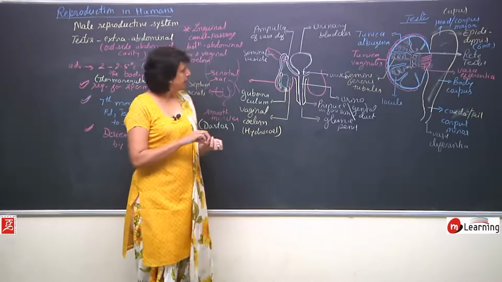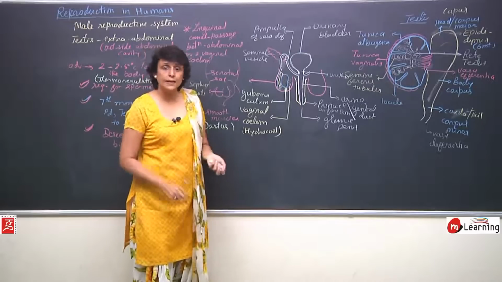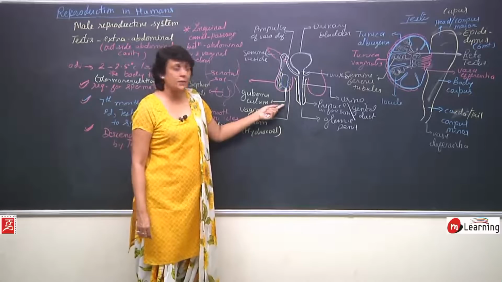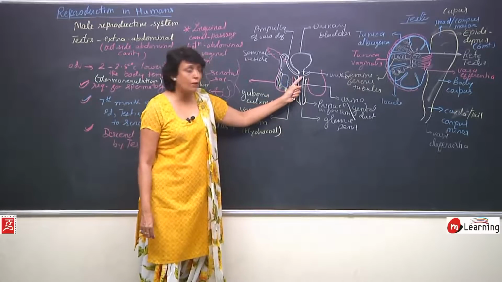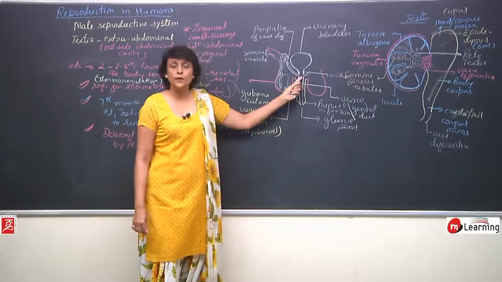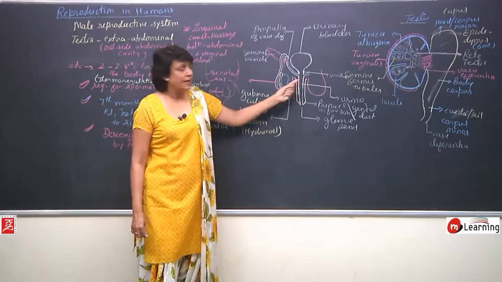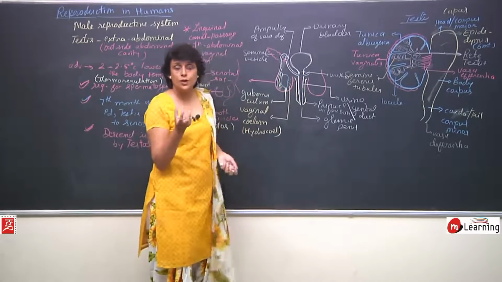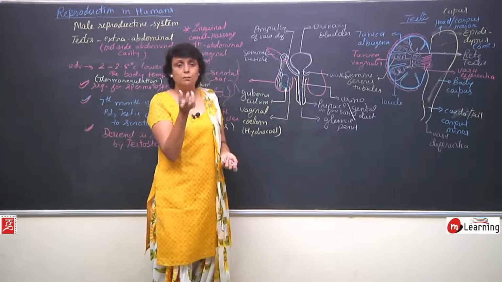One more gland is the prostate gland. Prostate gland is present at the junction of the vas deferens with the urinary duct. It is a donut shaped gland, that means there is an opening in the middle.